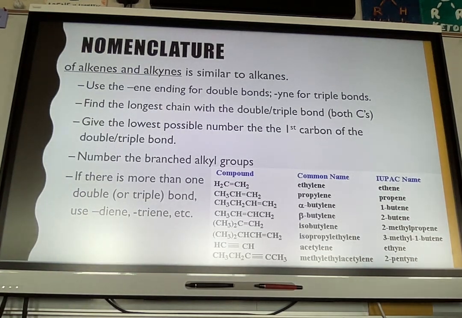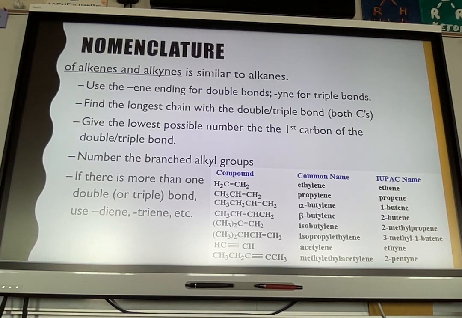All right, we use the ending "ene," E-N-E, for double bonds, and "yne" for triple bonds. So what you do is you find the longest chain, just like you did last time, except this is the longest chain with the double or the triple bond.